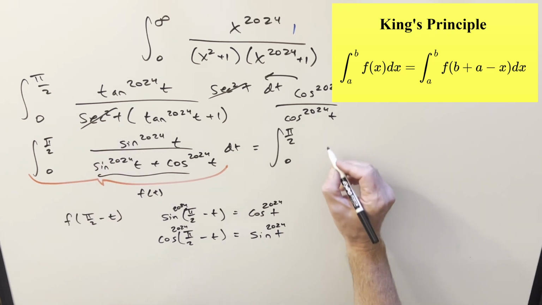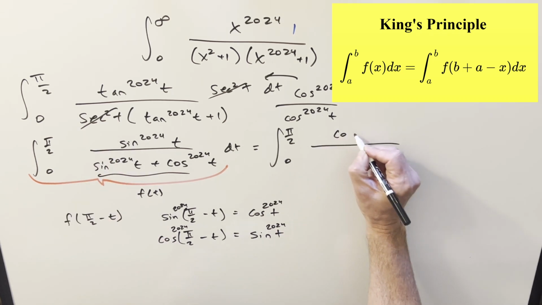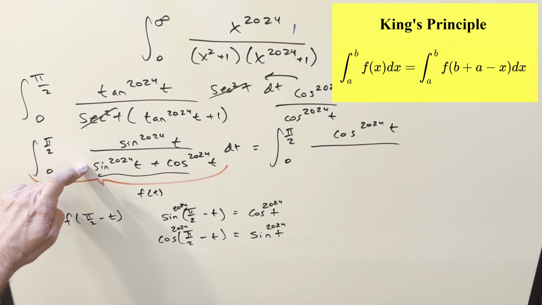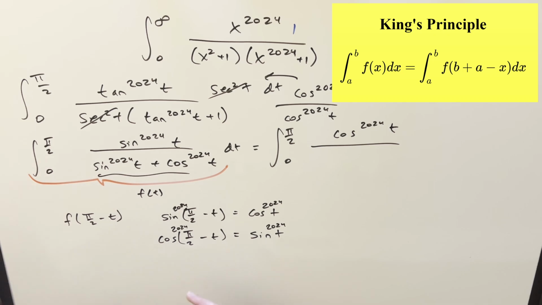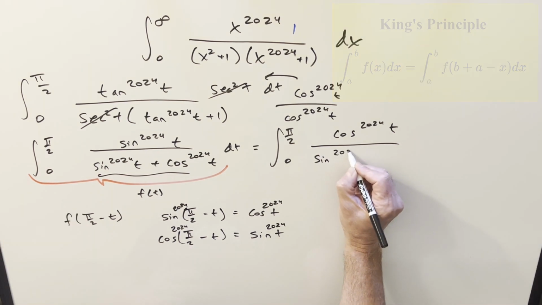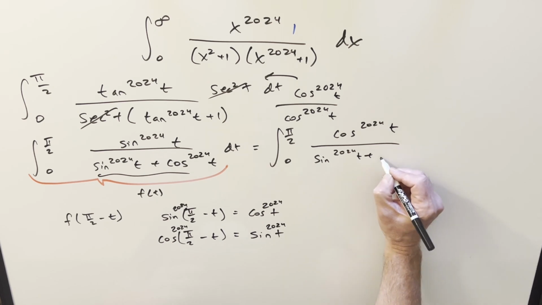In the numerator, this transforms to cosine 2024t, and the denominator stays exactly the same. We change the order, but the order doesn't matter, so we have sine 2024t plus cosine 2024t.